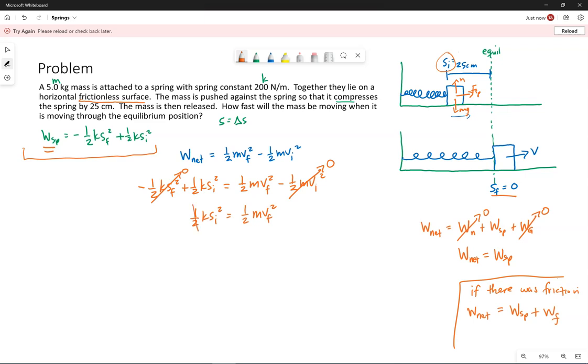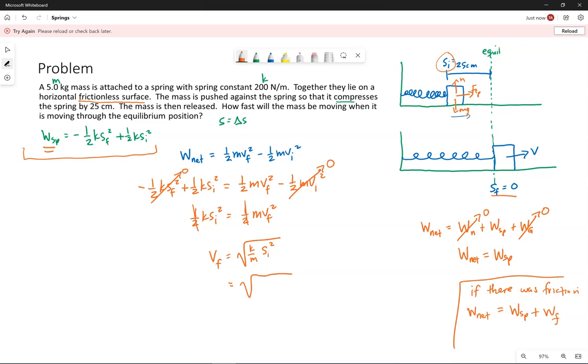So to finish solving, the 1/2 will cancel. The final will be the square root of K over M, S initial squared, which of course we can pull the S initial squared out if we would like.